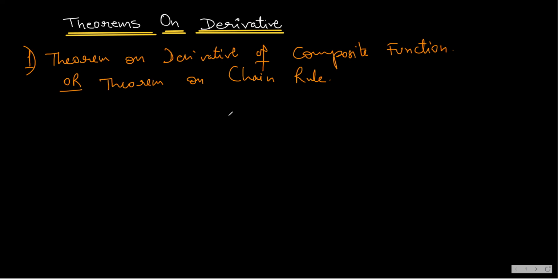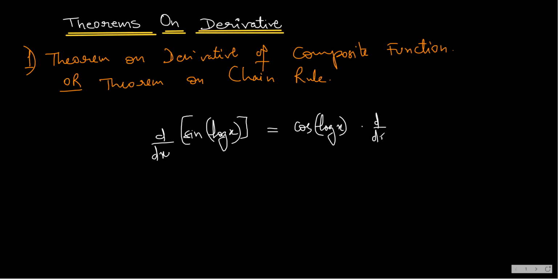Now you all know what we mean by chain rule. Suppose you have d by dx of sine of log x. How do you differentiate this? The function is sine, but the variable is not x. You are differentiating with respect to x, so the inner function is log x. You write the derivative as cos of log x into d by dx of log x.